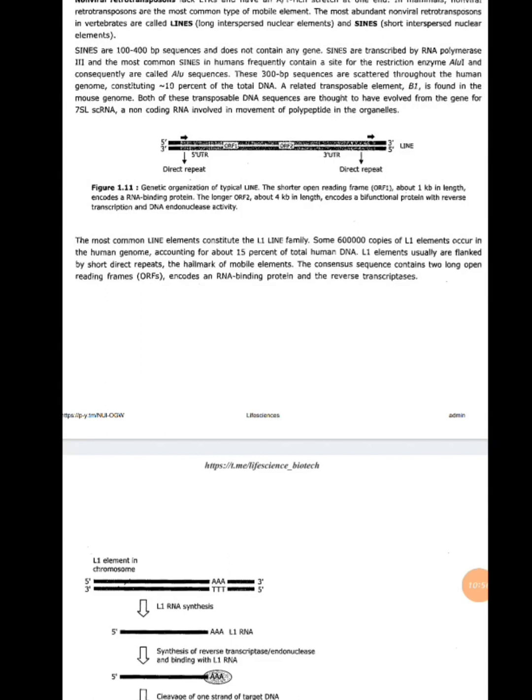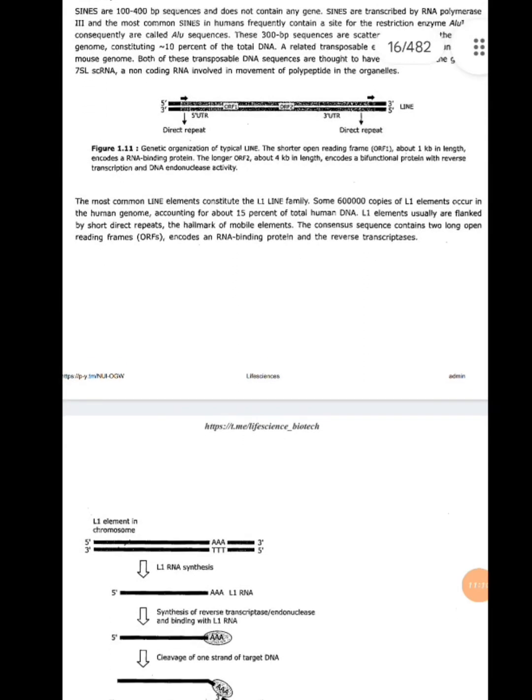So one encodes an RNA binding protein, and the other encodes a bifunctional protein with reverse transcriptase and endonuclease activity. The most common LINE element constitutes the L1 LINE family, and the most common SINE in mouse is B1. SINEs have the Alu element.